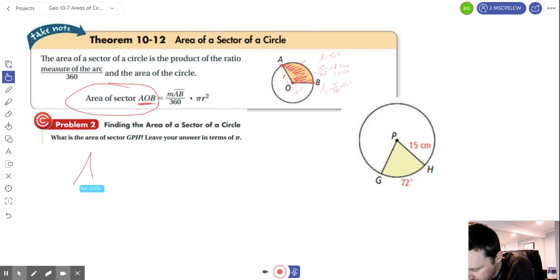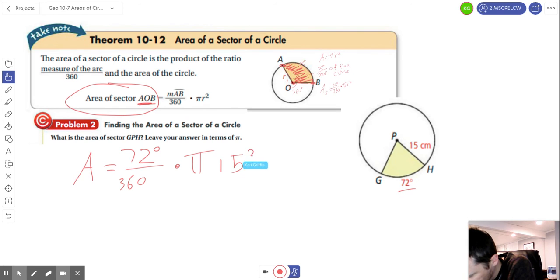Just go area equals, our measure is 72 degrees divided by 360 and times pi times the radius, which is 15 squared.